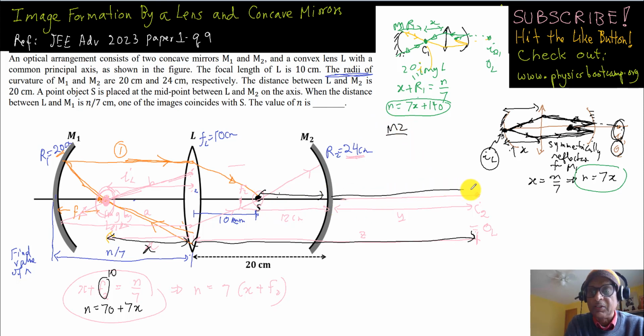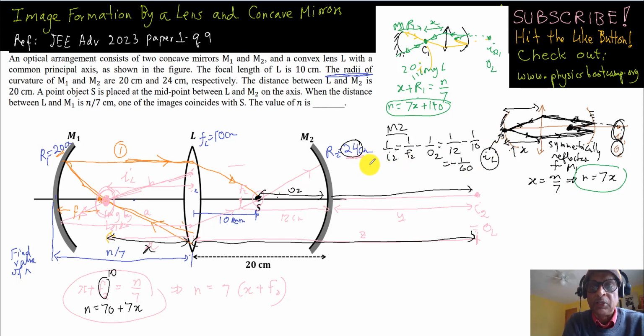I can find I2: 1 over I2 equals 1 over F2 minus 1 over O2. This is O2, and that's just 10 centimeters. So this is 1 over 12 because of 24, minus 1 over 10. So this is equal to minus 1 over 60. So I2 equals minus 60, and behind the mirror is minus 60.